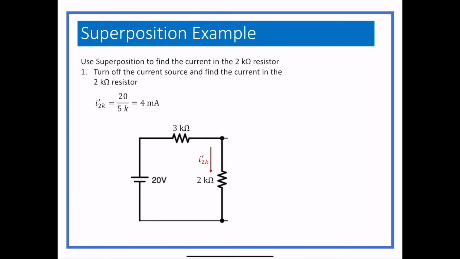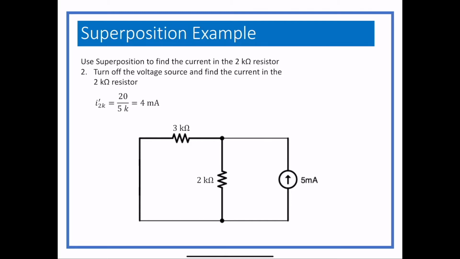The next thing we're going to do is turn off the voltage source, put the current source back in. Voltage sources look like short circuits when you short them. That's what 0 volts is. So we put the current source back and we just short the voltage source, and that gives us no voltage, and so it's out of the circuit. And now we just have current division, basically.